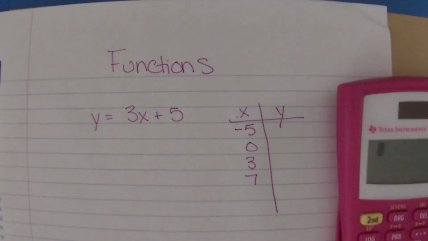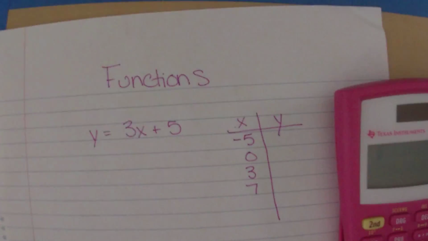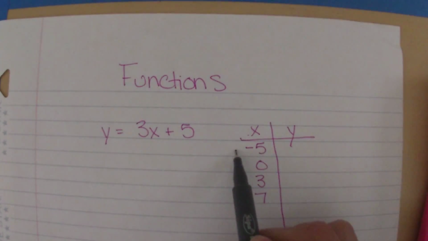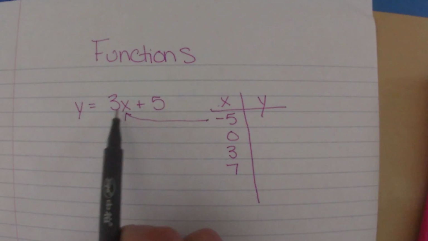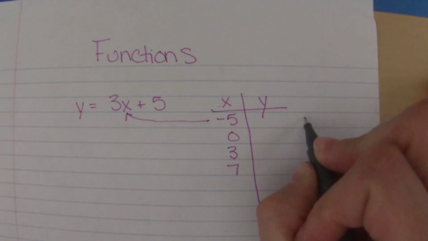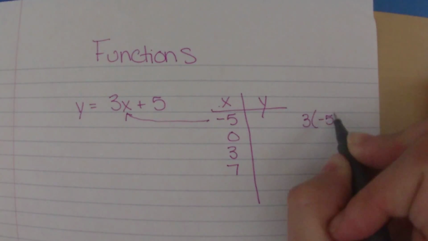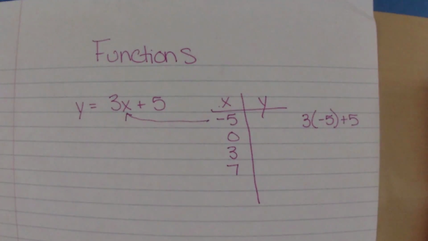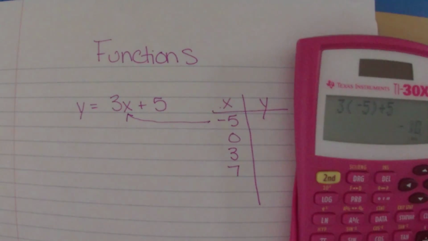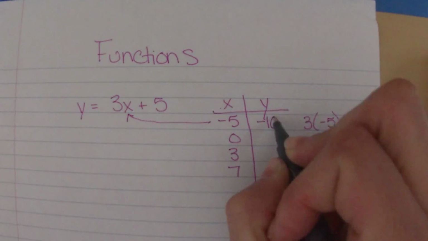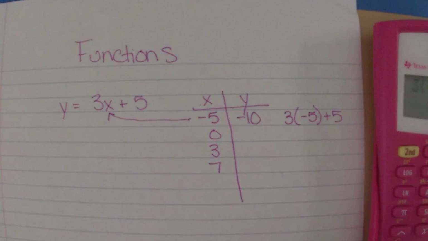And we do that, you can do it by hand, you can do it with a calculator, but we do that by plugging in each of these values for x. So instead of saying 3 times x, we'll do it once with -5, and we'll say 3 times -5 plus 5. That gives us a -10. Then we'll repeat that process with 0.